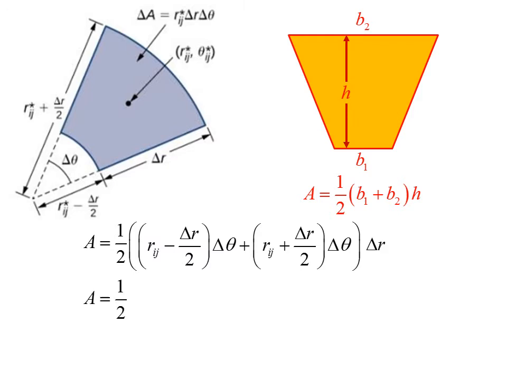So we'll simplify this sum. And a little bit more, 1/2 times 2. And so there is the area of each of those individual sectors in terms of the radius of each times the changes delta r and delta theta.